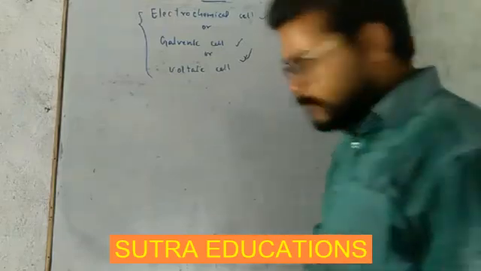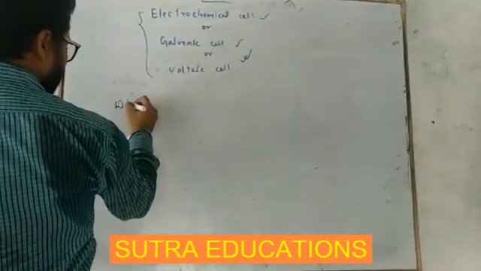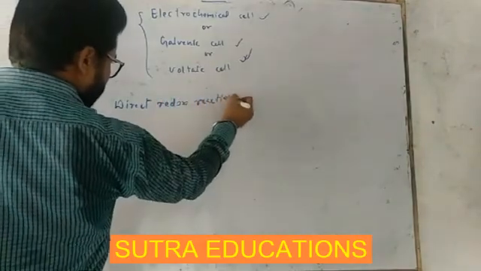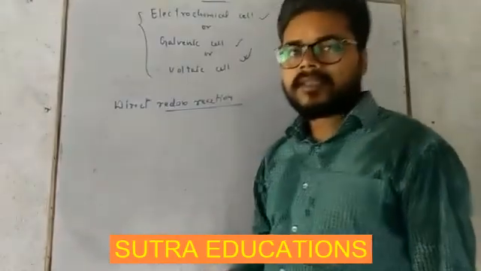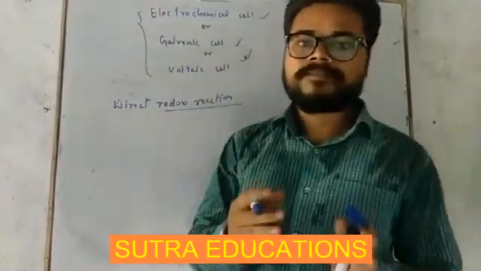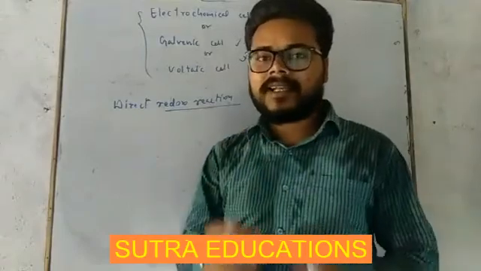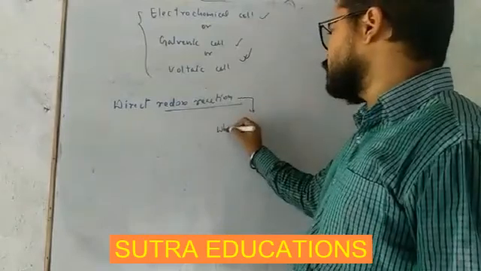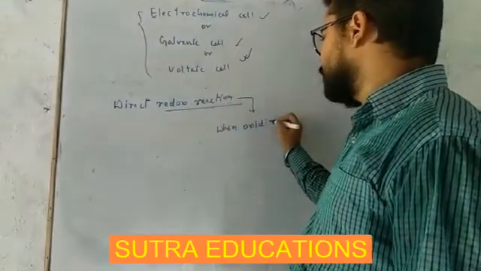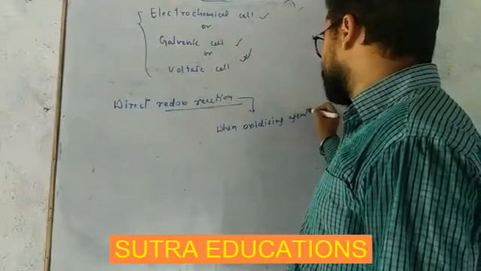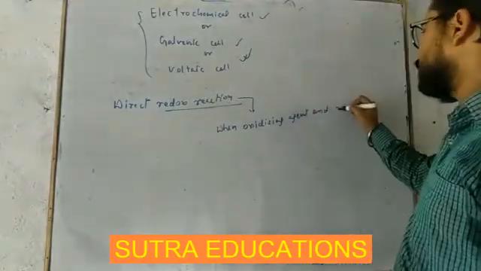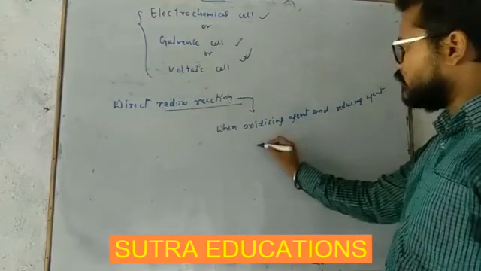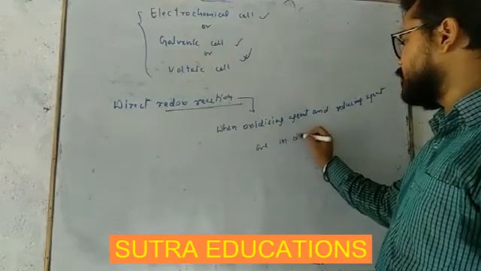I have told you about direct redox reaction in the previous experiment. What is a direct redox reaction? When the oxidizing agent and reducing agent are in direct contact.